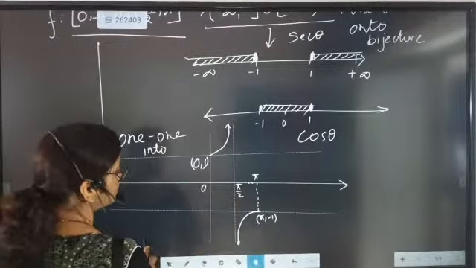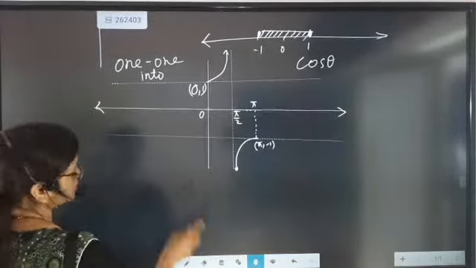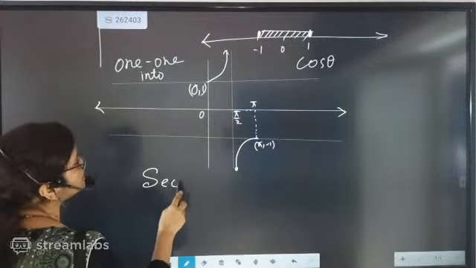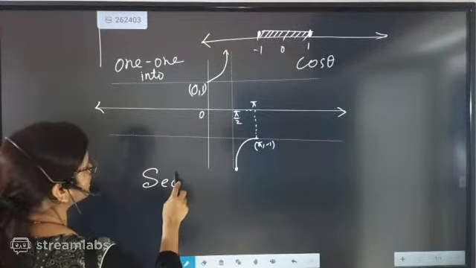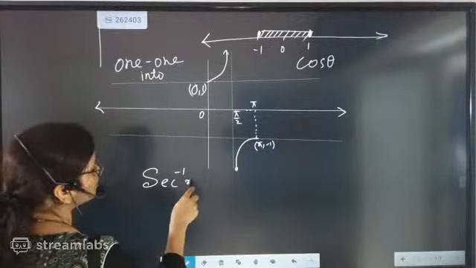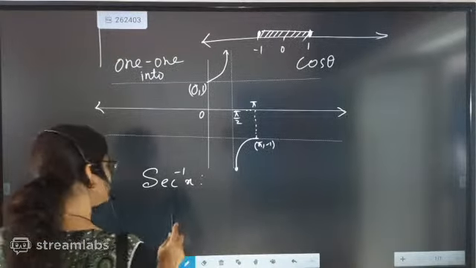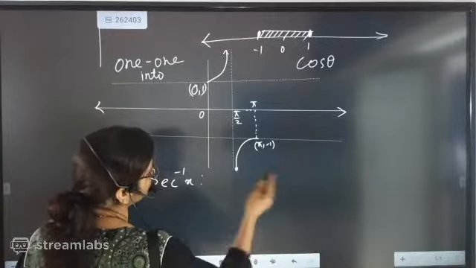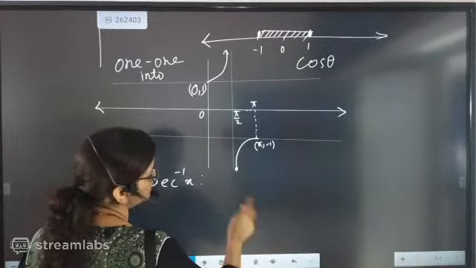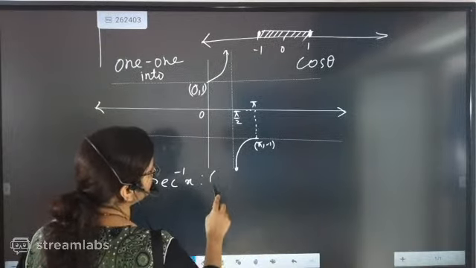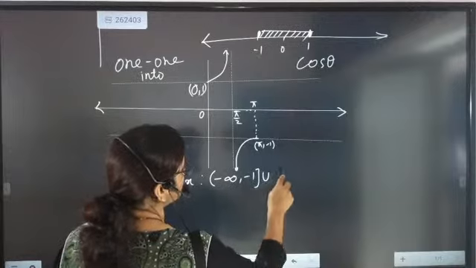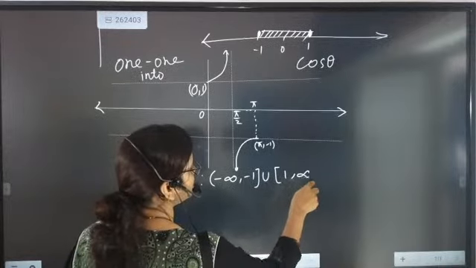Now we will go for its inverse. So we will say that secant inverse of x, this function will be exactly possible with the domain and codomain changed. Domain and range will definitely change. So here the domain will go from minus infinity to minus 1 and then 1 to infinity.